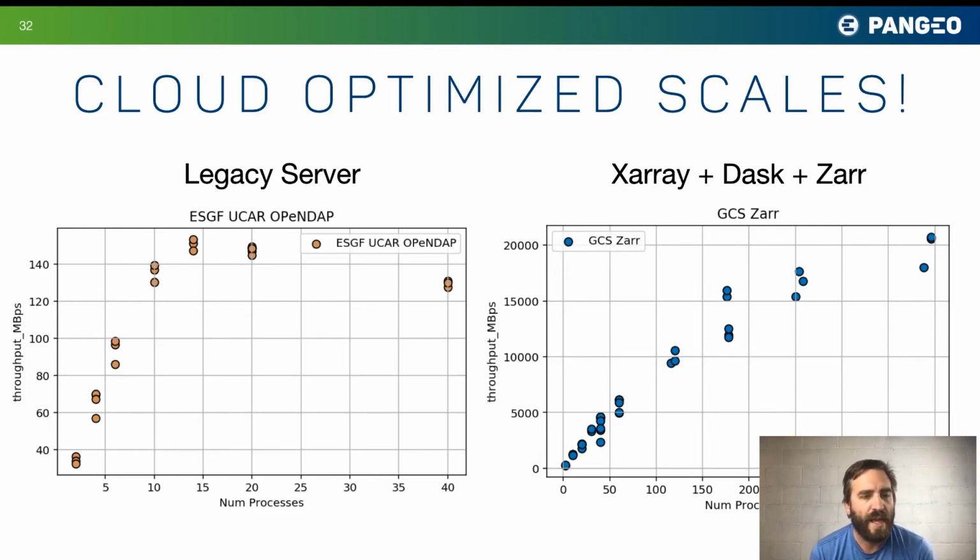So you can see the legacy option, it gets a little bit of parallel scaling, but ultimately saturates rather quickly at around 120 megabytes per second. With Xarray, Dask, and Zarr in the cloud, we're able to scale out our processing to 15, 20 gigabytes per second. At that rate, you can start thinking about petabyte scale processes.